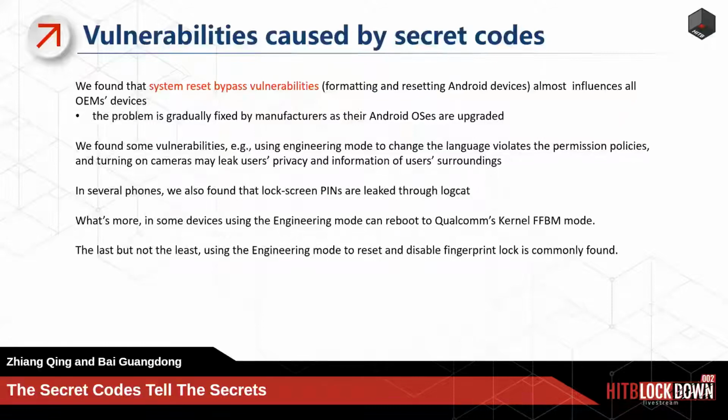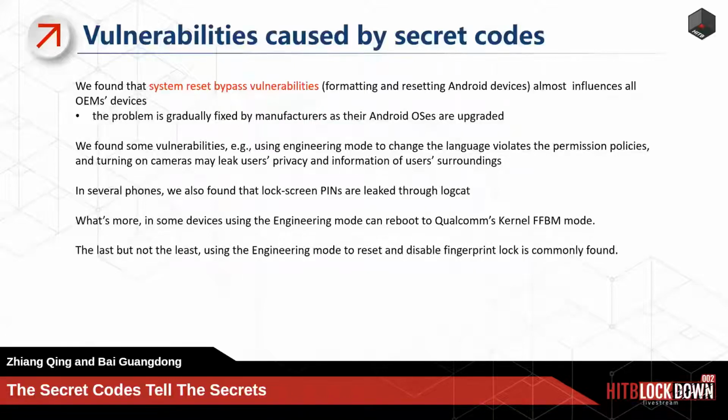However, we found that through the secret code, now you can bypass the authentication part. This vulnerability is the most severe one we found, and it influences basically all OEM devices. Fortunately, the problem is gradually being fixed by manufacturers as the Android OS is upgraded. Later we'll give you the demonstration.